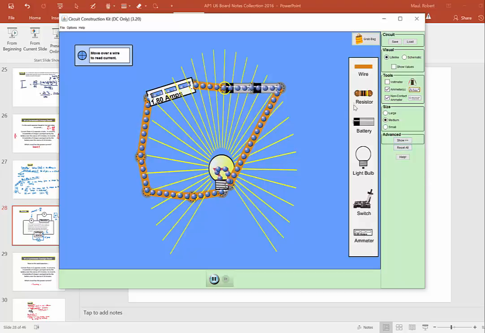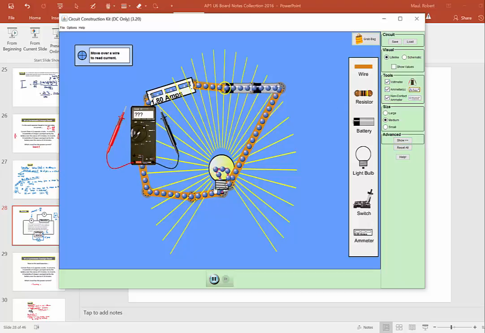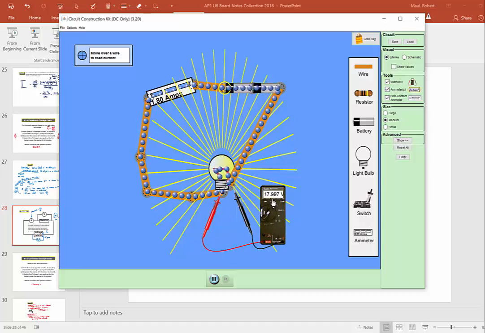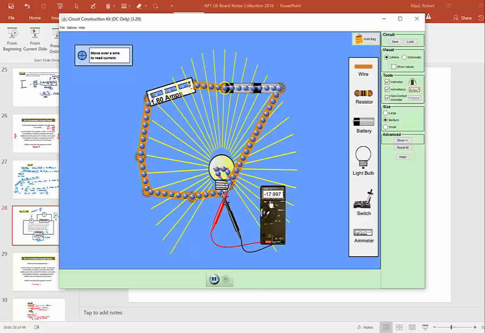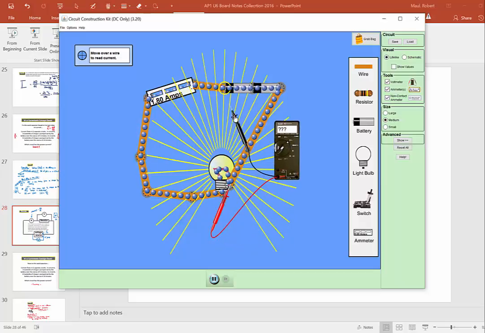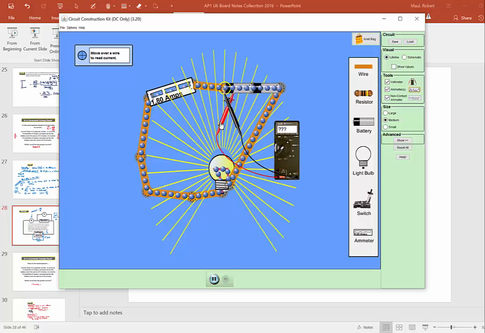I pull out my little voltmeter here, and I want to measure the voltage. I would have to do so across a resistor. So I'm going to measure on one side of the light bulb and on the other side. Okay, so there we go. I'm going to switch the leads here. So there we go, it's measuring negative 17.97 volts. I can stick it on either side of the battery. Switch my resistor here.